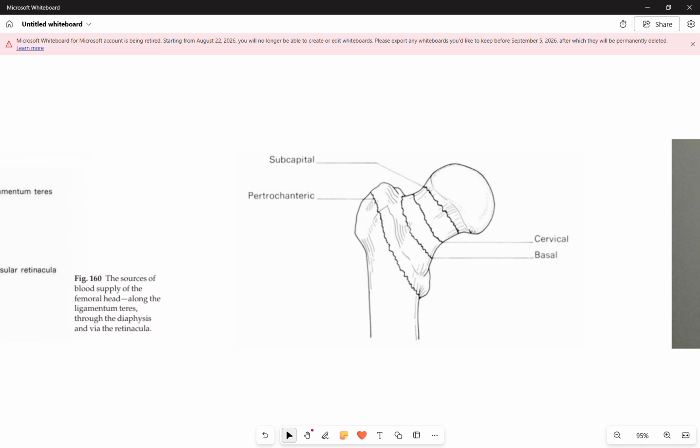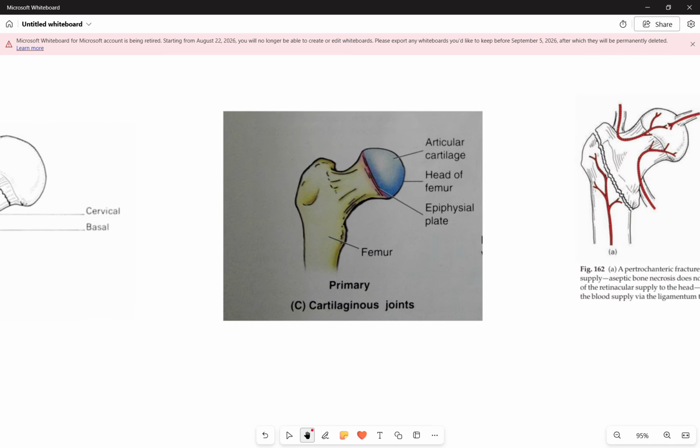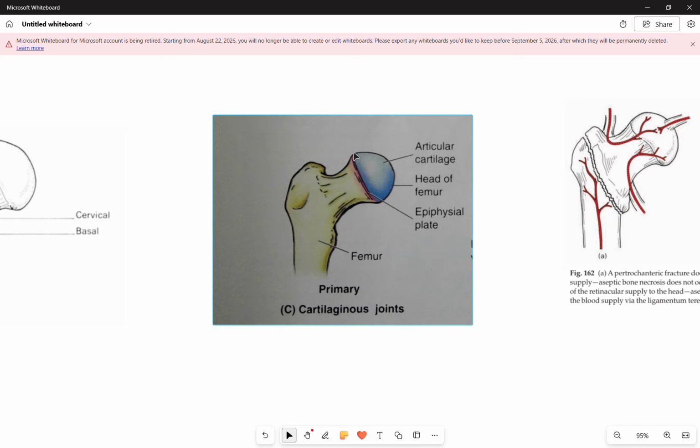Let me show you the head over here. This is the head of the femur, and there is an articular cartilage over here. There is a depression in the center, which is the central fovea, where there is an attachment of ligamentum teres.